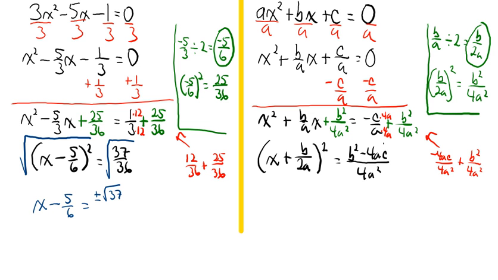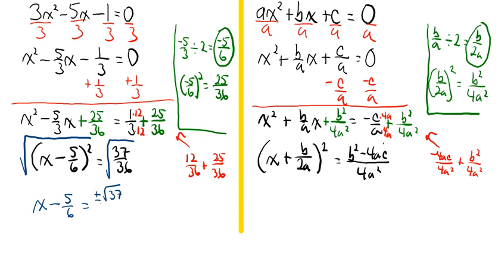Do you know? Wait, let me check. What number times itself gives us 36? Six. Thank you. Thank you very much.